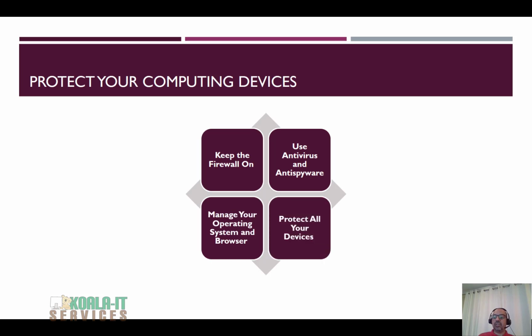Also, protect all your devices. Your computing devices, whether they are PCs, laptops, tablets, or smartphones, all of these devices should be password protected to prevent unauthorized access. The stored information should be encrypted, especially for sensitive or confidential data.